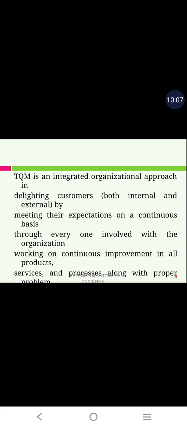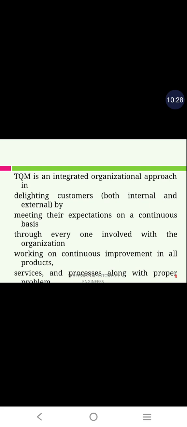So the entire organization has to be involved in delighting customers, both internal and external. What do you mean by internal customer? An internal customer is nothing but the people who are inside. For example, from one department to another department, you are manufacturing a small component and passing it over to the next department.